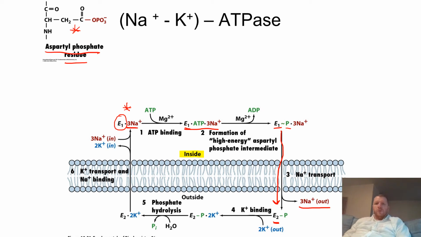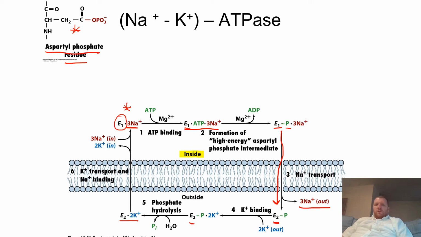When it binds those 2 potassium ions, now we have E2, our different form of our enzyme, that is phosphorylated with 2 potassium ions. We're going to bring water in to release that phosphate from our aspartic acid, and now we've got our E2, our different form of our enzyme with 2 potassium ions bound to it. It's not phosphorylated.